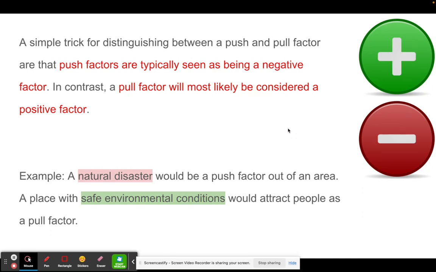A natural disaster would be a push factor out of an area. A place with safe environmental conditions would attract people as a pull factor. So you can see a natural disaster is a negative thing that would happen. And a safe environmental condition is positive.